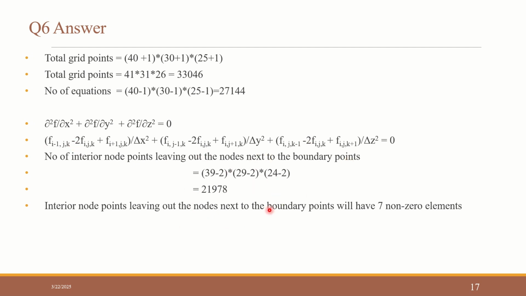So it is 21,978 into 7, which is giving us 1,53,846. So the number of non-zero elements resulting from the interior node points is this.